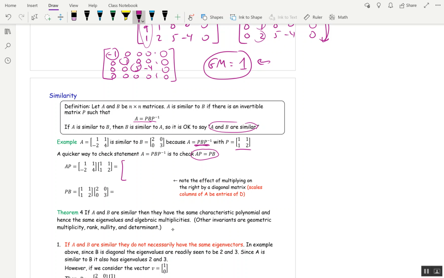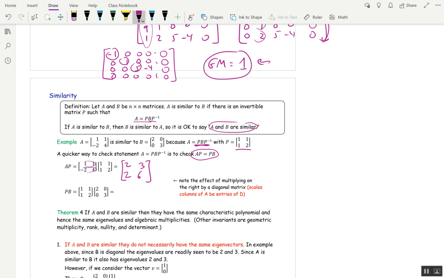It will be. Let's see, dot this row with this column, that gives us a 2, and then we'll have a 3, and then when I look at the second row, negative 2 plus 4 is 2, and then negative 2 plus 8 is 6.